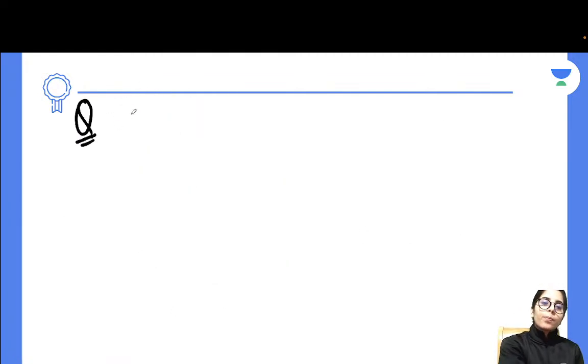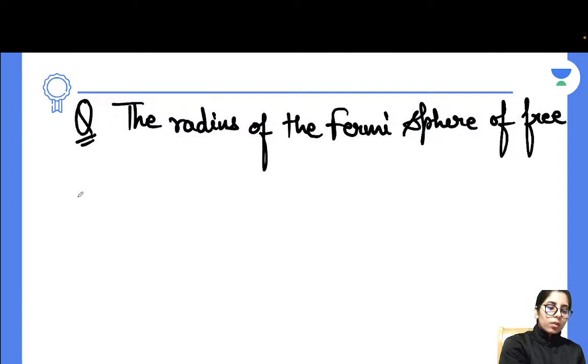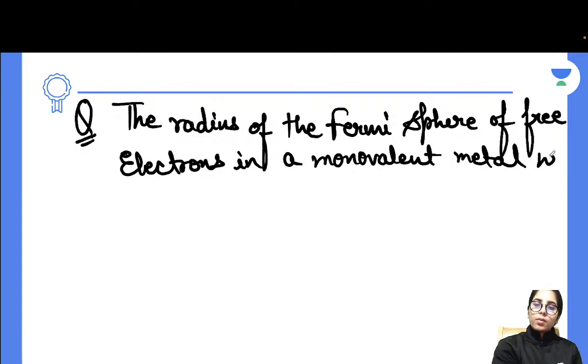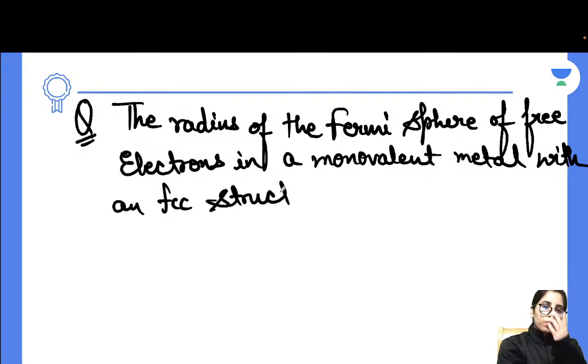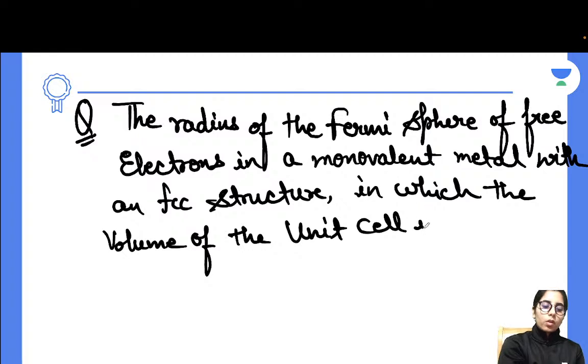So here is the next question for you guys. What is the radius of the Fermi sphere of free electrons in a monovalent metal with an FCC structure in which the volume of the unit cell is A cube?